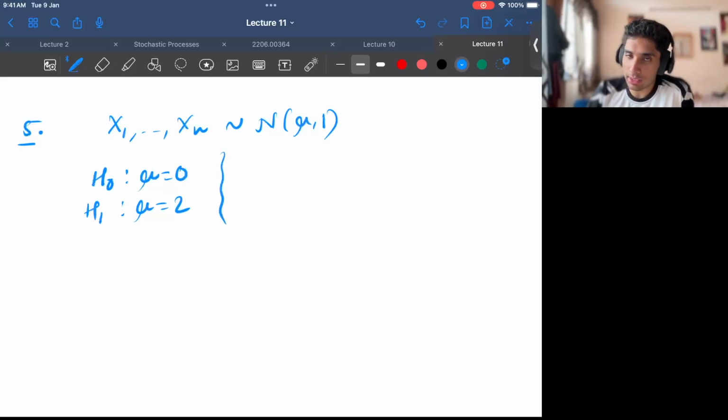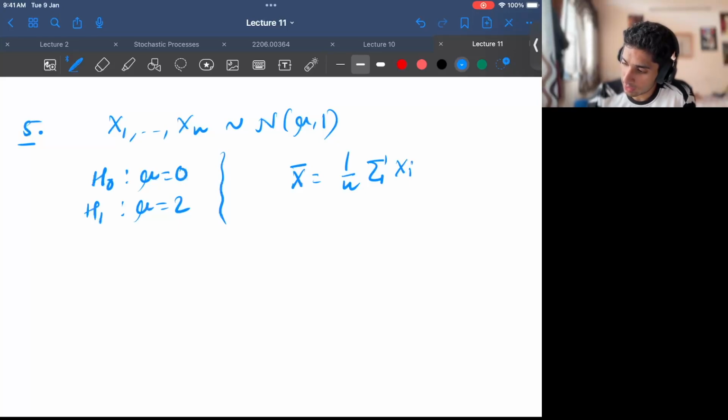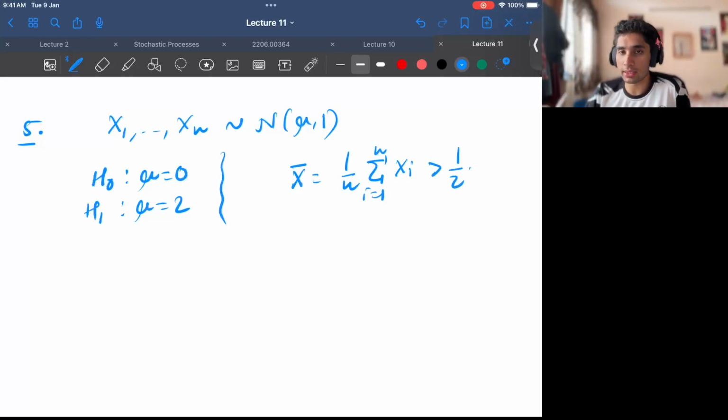And the critical region is given by x bar, which is equal to 1 by n summation xi, i equal to 1 to n, greater than half. So if x bar is greater than half, then you reject the null hypothesis, else you accept it.